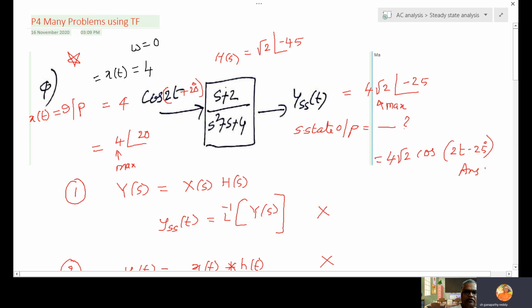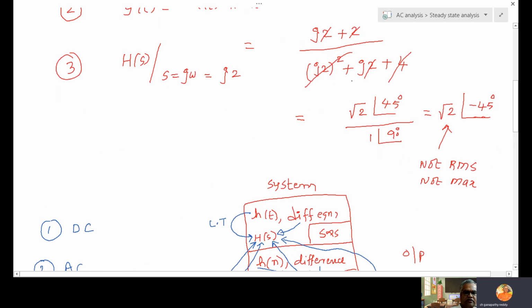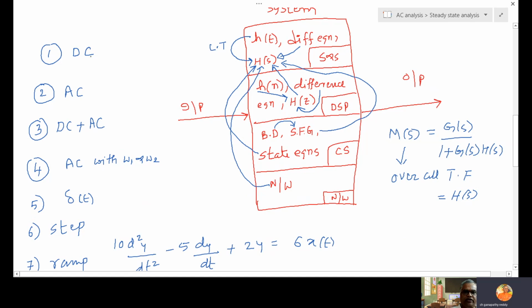If it is 0, s value is 0, s square is 0, s is 0, and 2 by 4 is how much? 0.5, right? What is the input applied? 4. 4 into 0.5 is how much? 2. Answer. So if the input is only DC, frequency 0, simplify H of s and multiply, you get the answer.